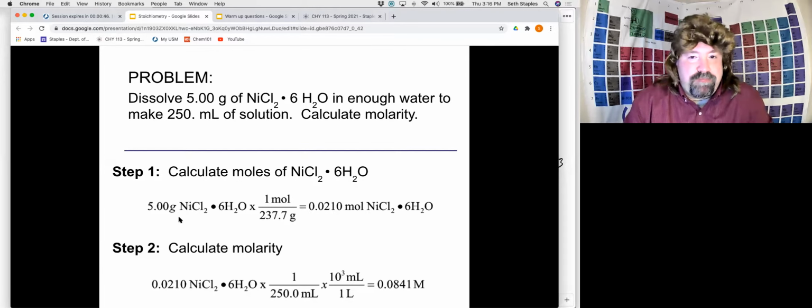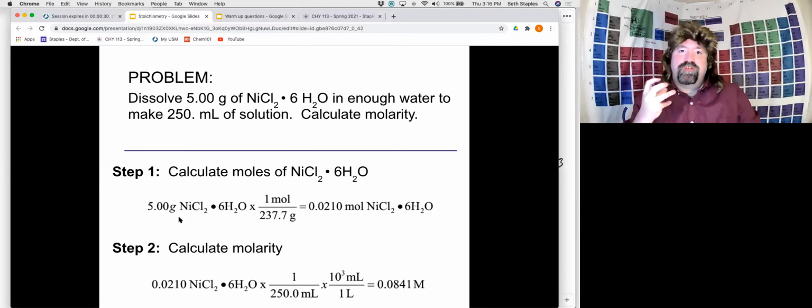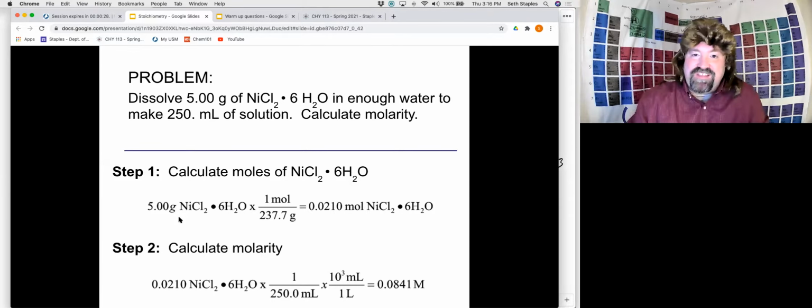In this example, I actually just showed you the whole thing here. We're dissolving 5 grams of nickel(II) chloride hexahydrate. We haven't really looked at hydrates, but hydrates are just compounds that have water attached to them as well. So we have to take these 6 H2O into account in the molecular weight of the compound.